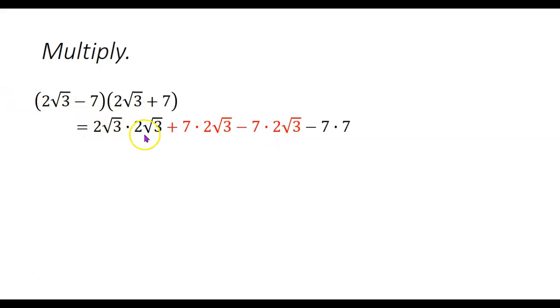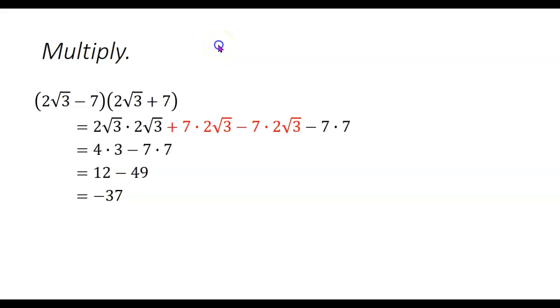So we have 2 root 3 times that, minus 7 times another 7. And when we take 2 root 3 times itself, 2 root 3 squared, 2 times 2 is 4, square root of 3 times square root of 3 is 3. And then the 4 times the 3 is 12, minus the 7 times the 7 would be 49. And 12 minus 49 is negative 37.